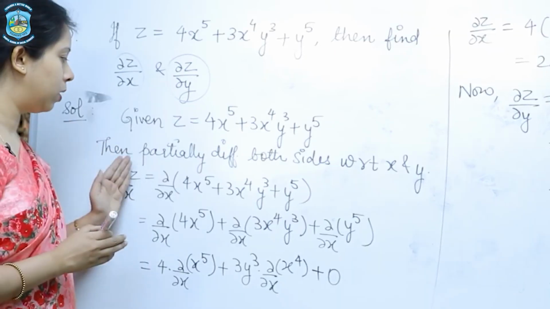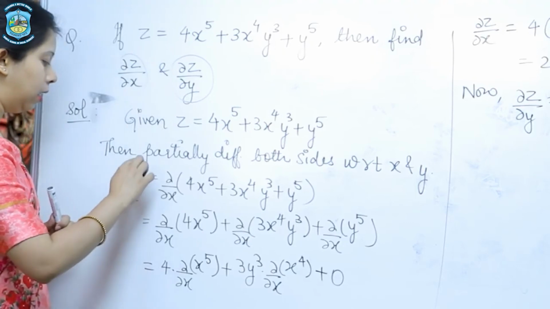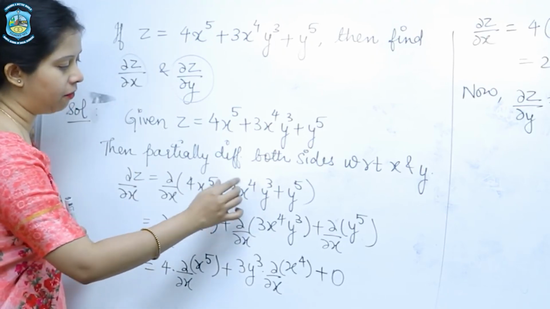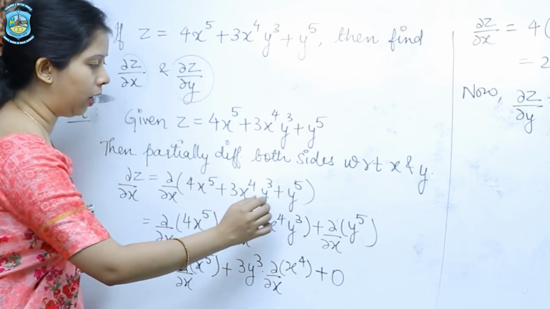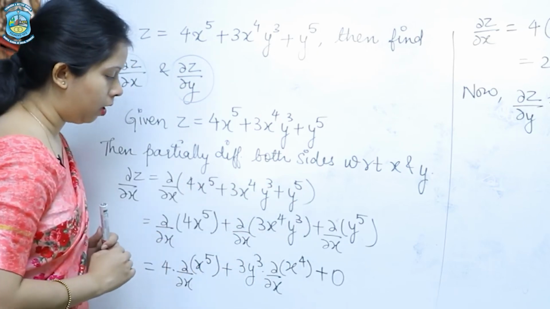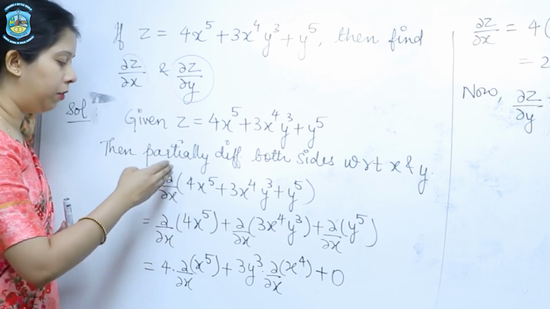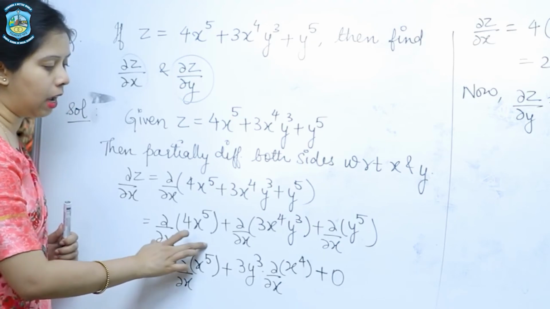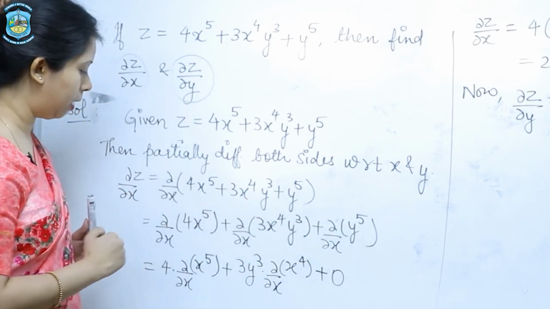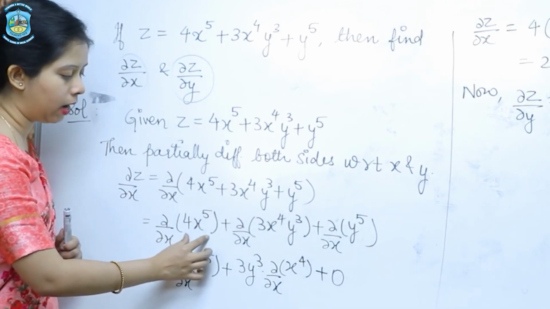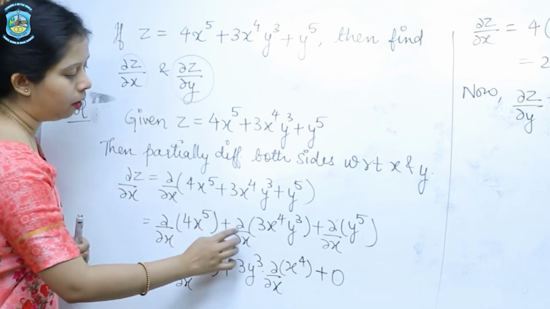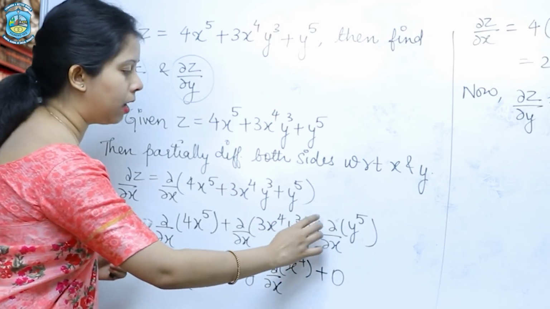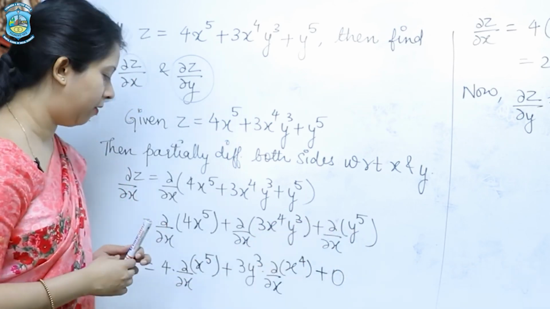So, differentiating both sides with respect to x, we get del z upon del x is equal to del upon del x of 4x raised to the power 5 plus 3x raised to the power 4 y cube plus y raised to the power 5. Now, using the rule that the derivative of a sum of functions is equal to the sum of the derivatives of the functions, that becomes del upon del x of 4 into x raised to the power 5 plus del upon del x of 3x raised to the power 4 y cube plus del upon del x of y raised to the power 5.